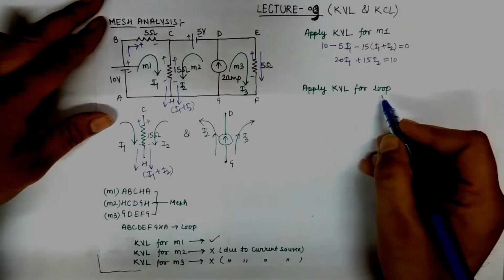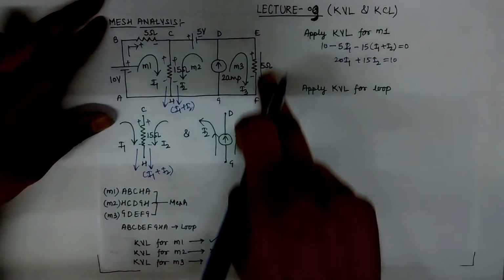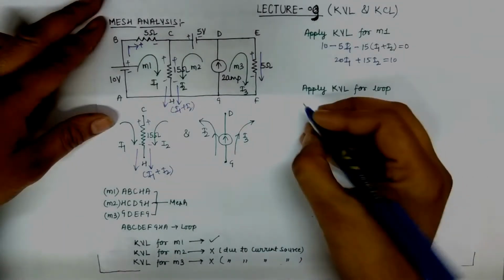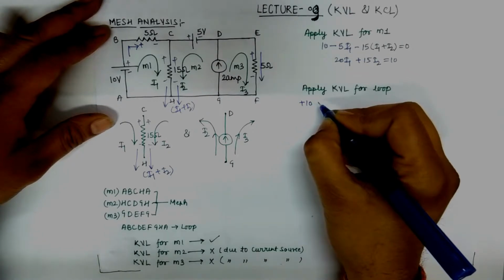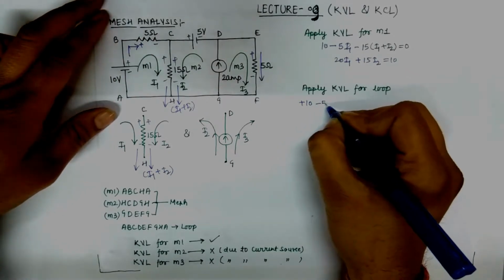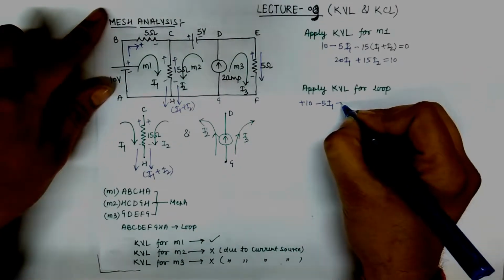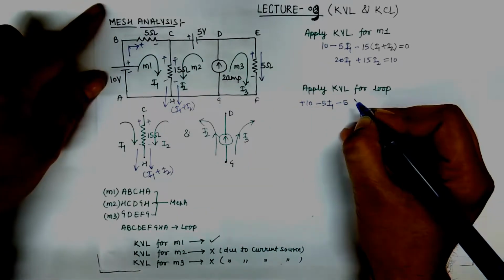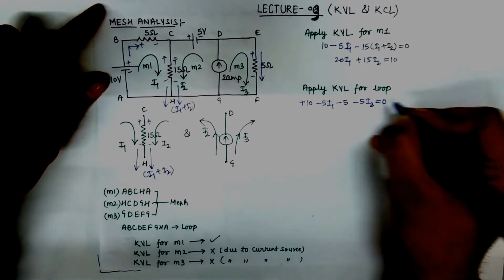Now apply KVL for the loop ABCDEFGHA. Start from A, last polarity, plus of 10, minus of 5 I1, minus of 5 I3 is equal to 0.